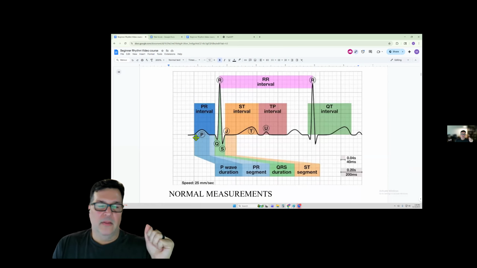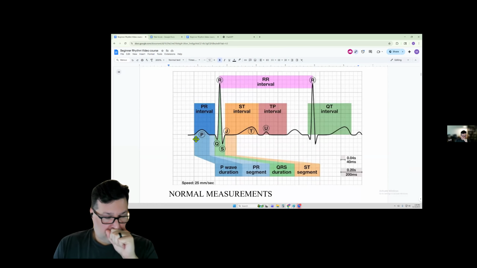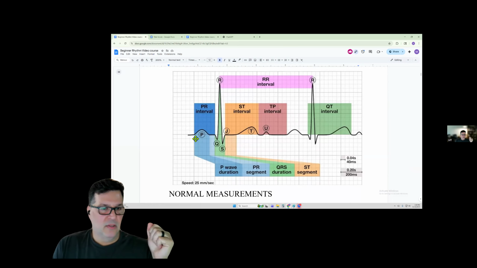So the SA node, the P wave represents the contraction of the atrial chamber, the start of the P wave there, and the end of the P wave there. But the PR interval is the beginning of the P wave to the beginning of the QRS complex. So a normal PR interval is between 0.12, that's 3 little boxes, because it's 0.04, right? 4, 8, 12. A normal PR interval is between 0.12 and 0.20. One big box is 0.20, right? So this one is exactly 0.20 because you have 1, 2, 3, 4, 5. So that's a normal PR interval, right?